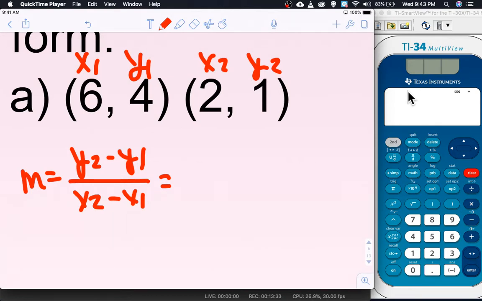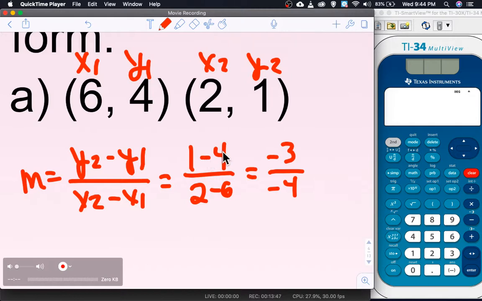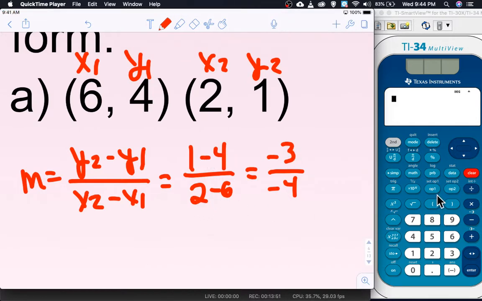I then plug in my values. 1 minus 4 over 2 minus 6 gives us a slope of -3 over -4. 1 minus 4 is -3. 2 minus 6 is -4. And that does simplify to +3/4. That is the only extra step in this whole process.